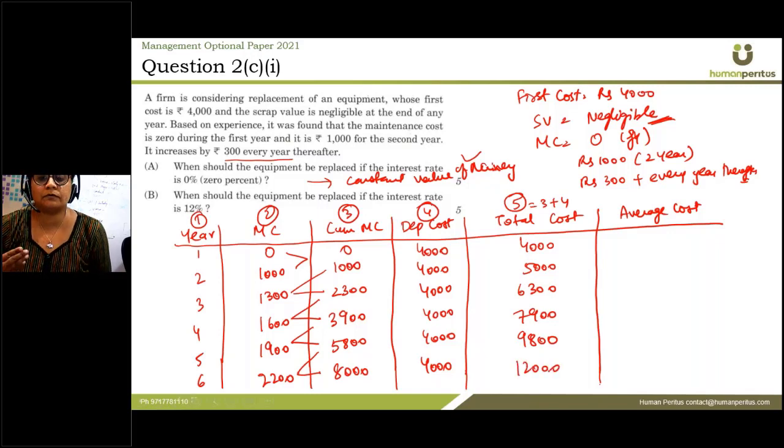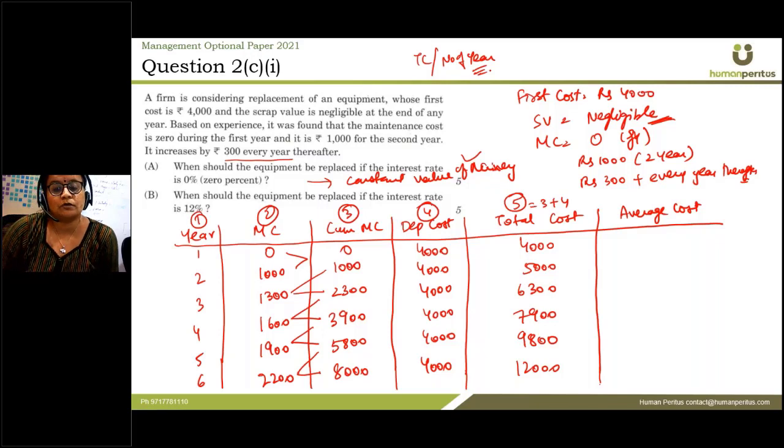Now how would we compute average cost? That is total cost divided by the number of years we are at. So average cost for a particular year would be computed by dividing the total cost of that year by the number of year. So for first year, 4000 divided by 1.